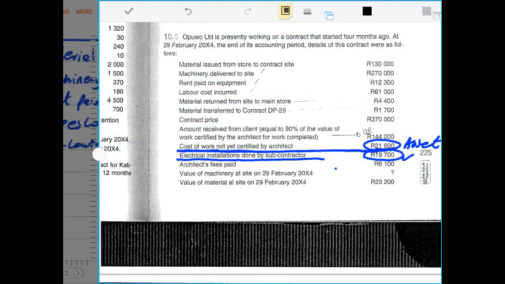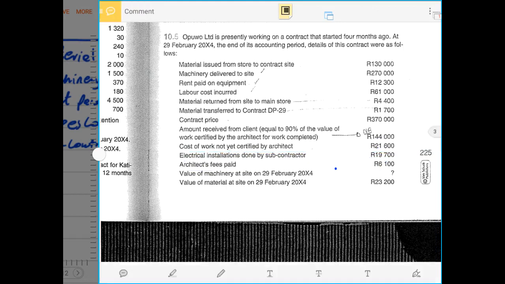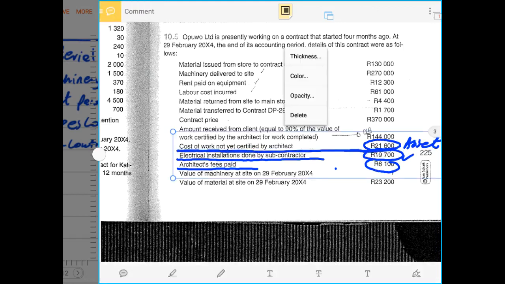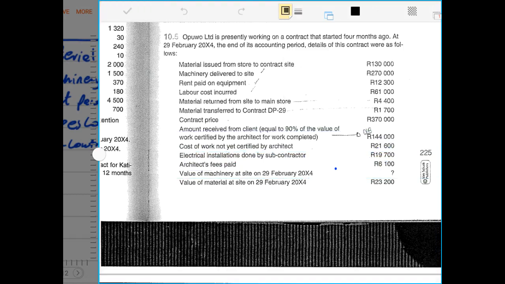Then now we continue on that same note, and we see that there is an architect's fee that was paid. When the architect came to certify the work, which is the work that amounted to 160,000 rands, remember, and which had a sales value of 160,000, we had to pay him an amount of 6,100 to certify that kind of work.